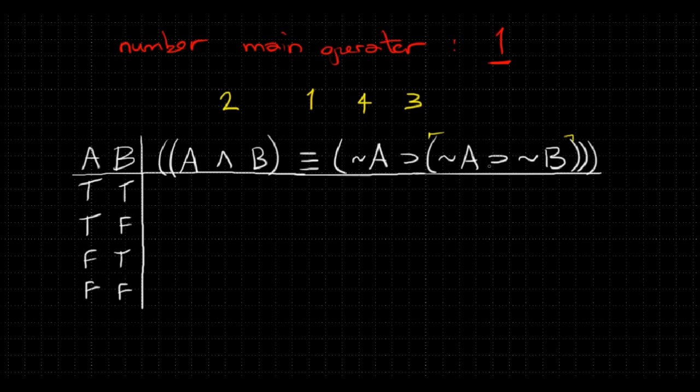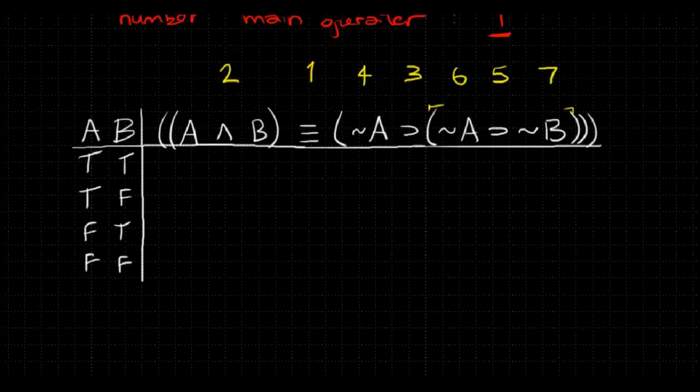So this conditional here is the operator of this bracket, so that's going to be my number 5. And then I need to know the value of not A and not B, so 6 and 7. So that gives me an order in which to do these operations.